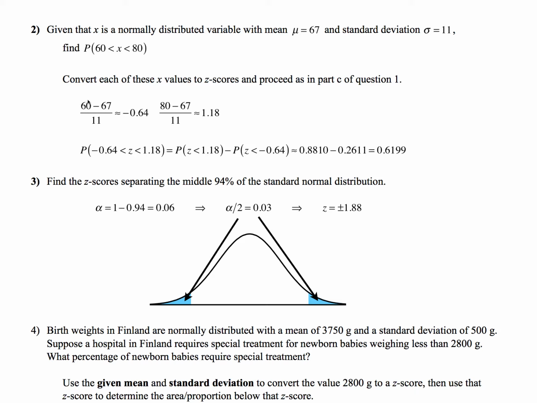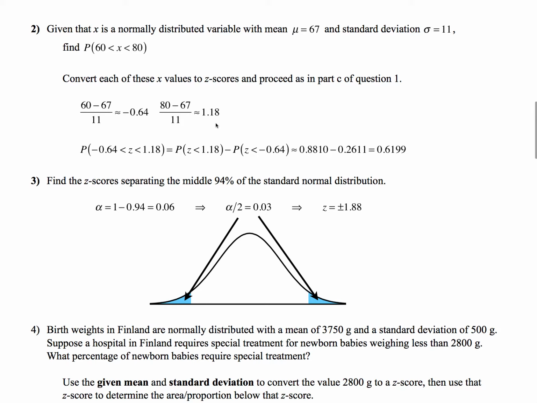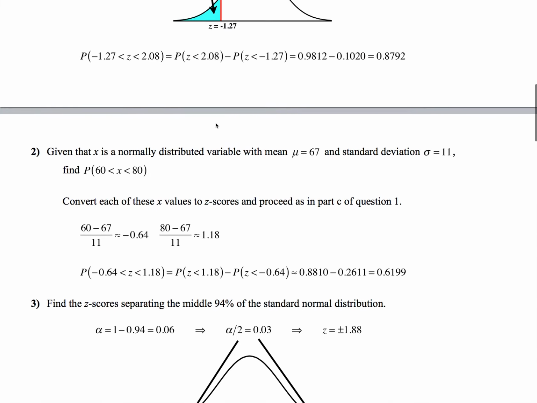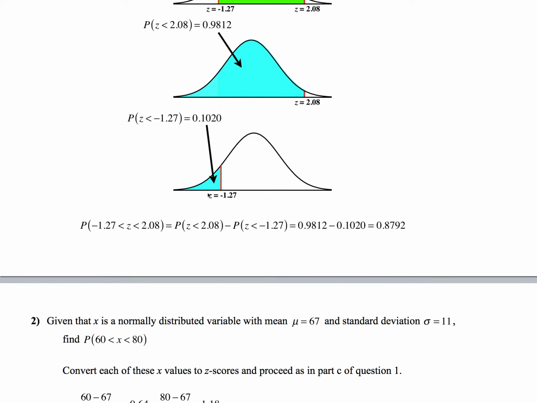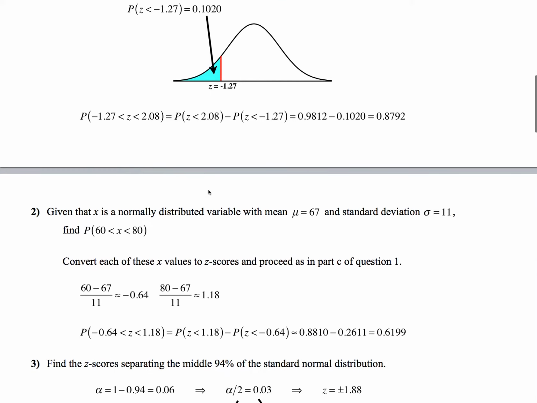Don't forget, if you're doing this on a calculator, to put parentheses around your values in the numerator before you divide. So here's our two z-scores, and just like we did above in part C of question 1, we're going to have a larger area that we will subtract a smaller area from.